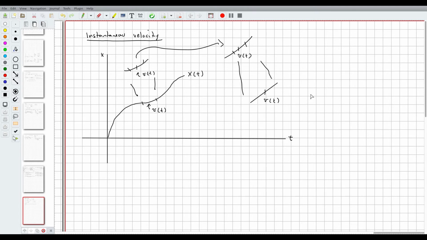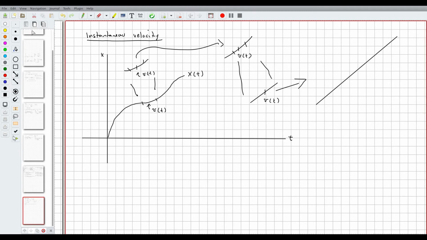Okay, so here's the game we're going to play. Let me take this and put it off over here to the side and blow it up, so I can work with it a little bit better. So here maybe is my curve, and maybe right here is the point I'd like to find my velocity as a function of time at.